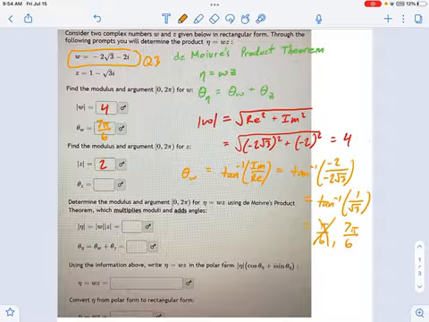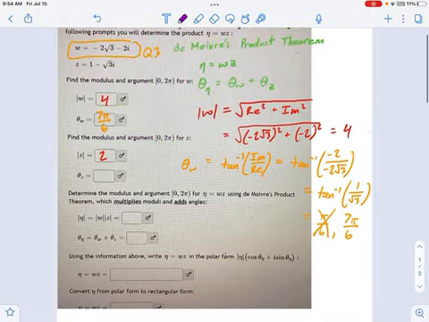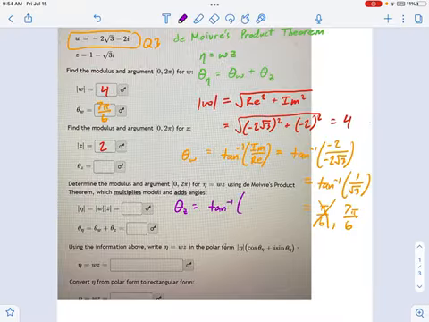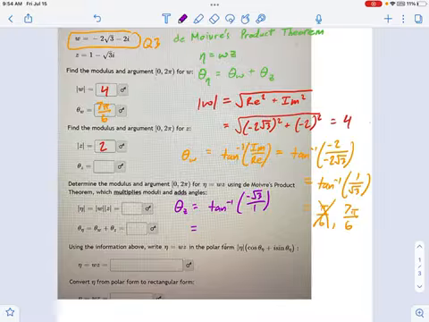And if you go through the same process for this other one, well, let's go through the process. I think this is a useful exercise. Theta of z equals the inverse tangent of the imaginary part, which for z is negative radical 3, and the real part is 1. Well, that's easy. So where is tangent equal to negative root 3?